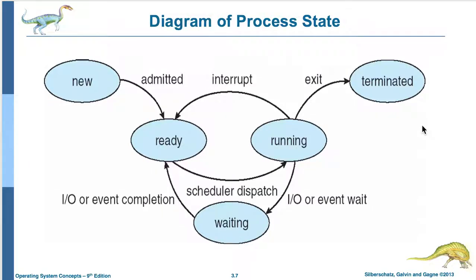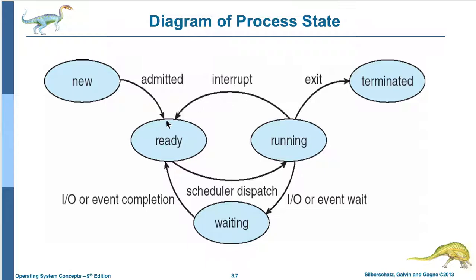So here is a state diagram illustrating the process transition and life cycle. We start with the new state, where a process is just about getting created. The process is ready once it is waiting for a processor to be assigned to it. Once it has been assigned to a processor, it transitions from ready to running, and now you're executing code in the process. Then one of a few different things can happen.